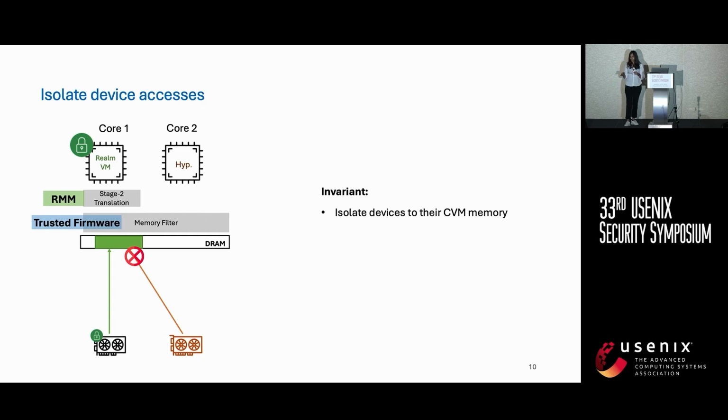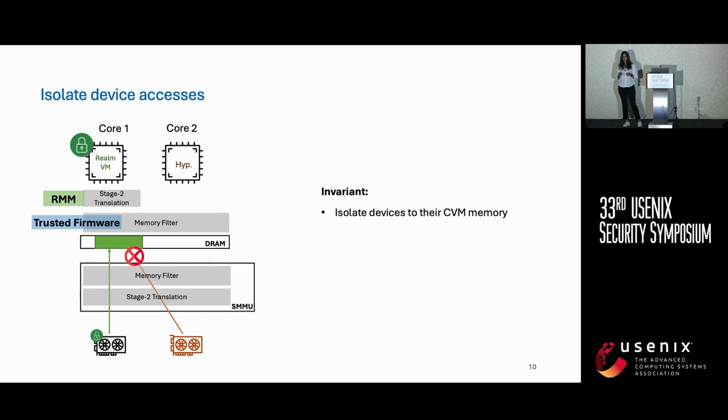To ensure this invariant, we observe that there is an SMMU that intercepts all memory accesses from these devices. And this SMMU, just like the cores, has stage 2 translation and these memory filters. So like CCA, we use the trusted firmware and the RMM to program these stage 2 translation tables and the memory filters. And this gives us our invariant.